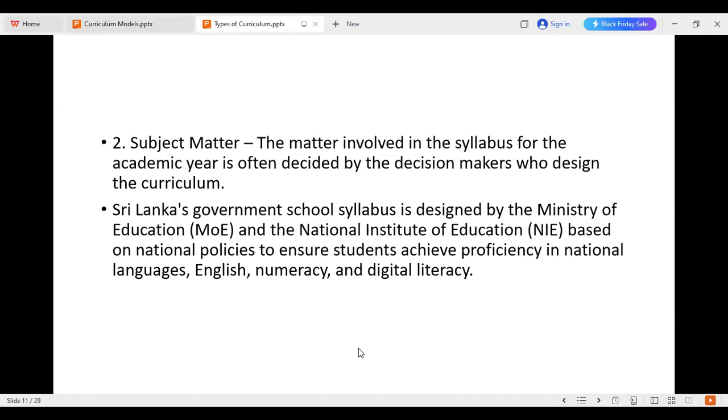Hereafter, we are going to give more importance to digital literacy, even in the new curriculum.